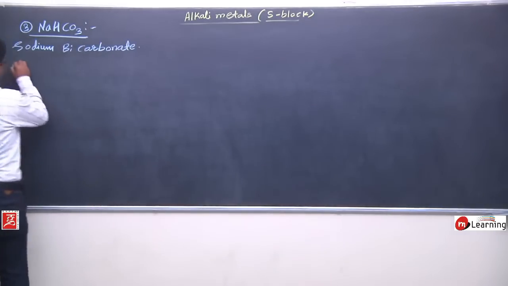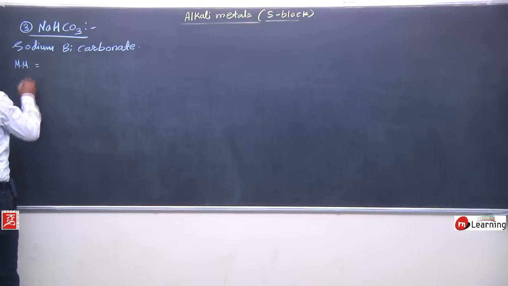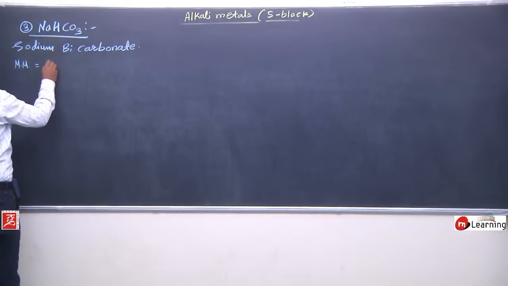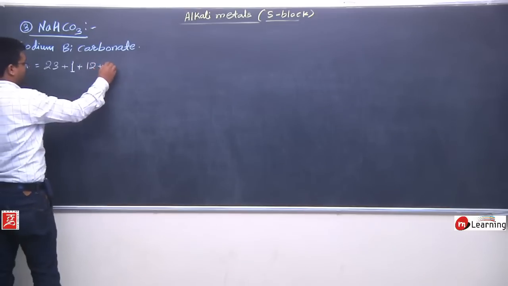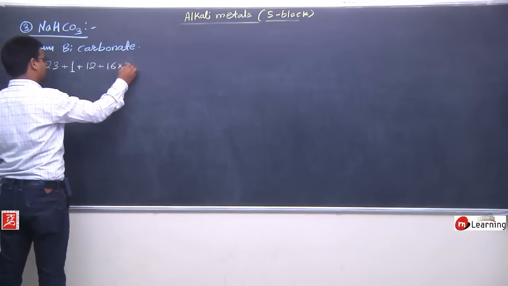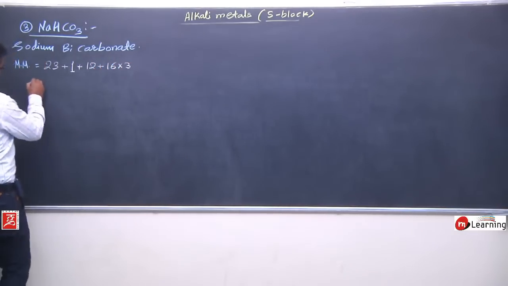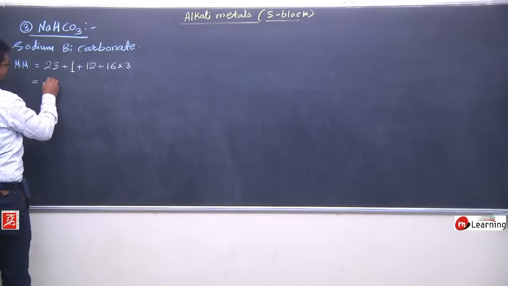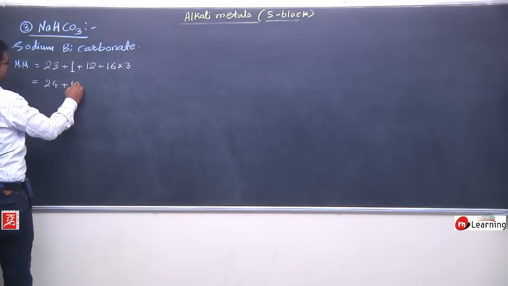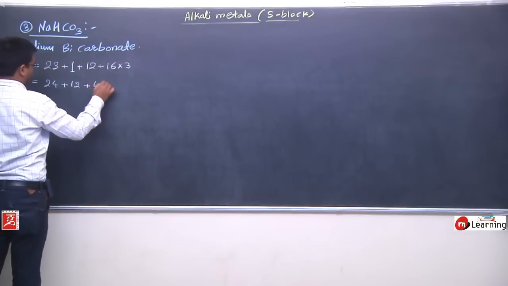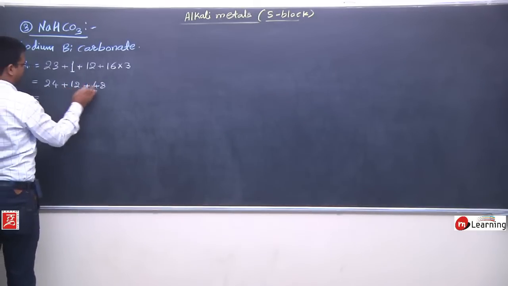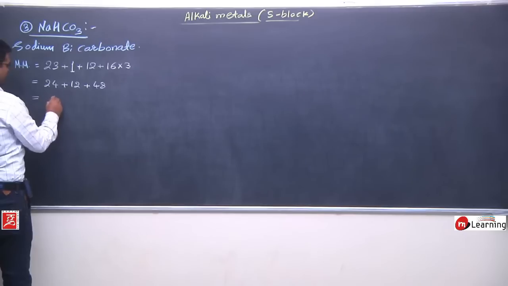The molecular mass of sodium bicarbonate: sodium 23, hydrogen 1, carbon 12, oxygen 16 into 3. 23 plus 1 is 24, plus 12, 16 threes are 48, 48 plus 12 is 60, plus 24 is 84.